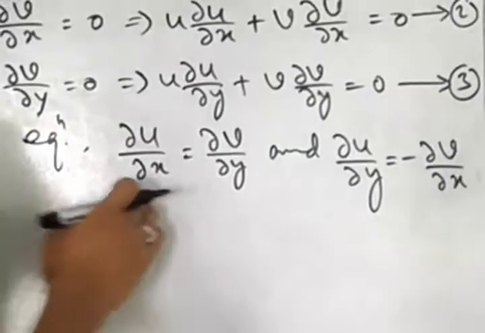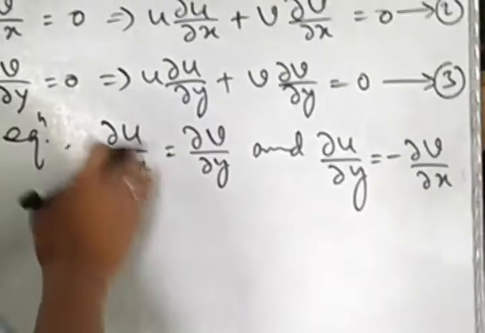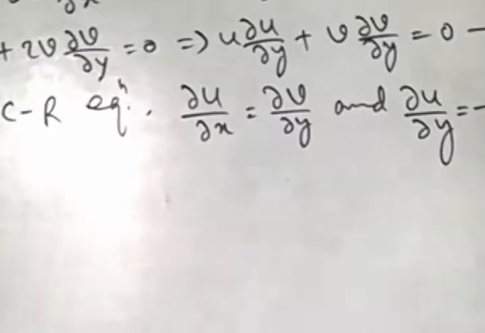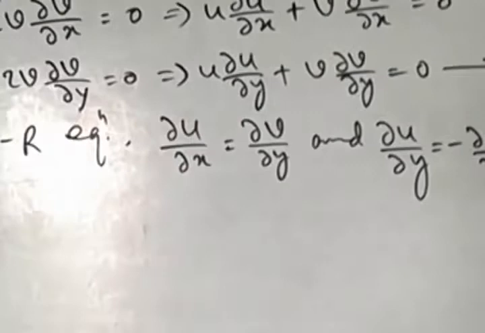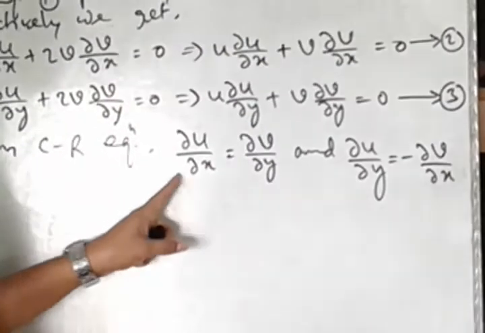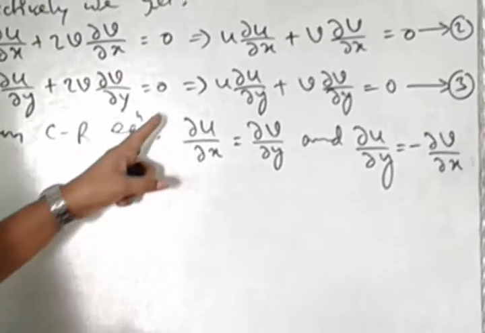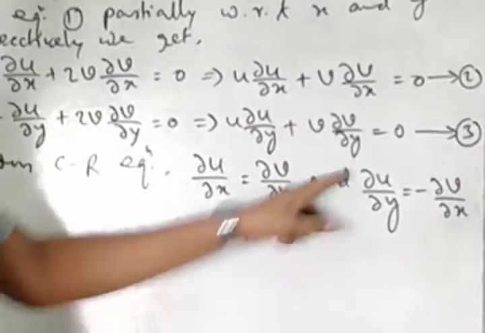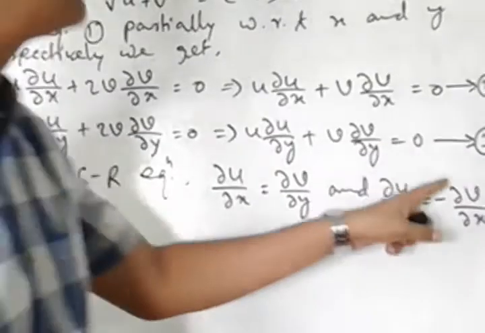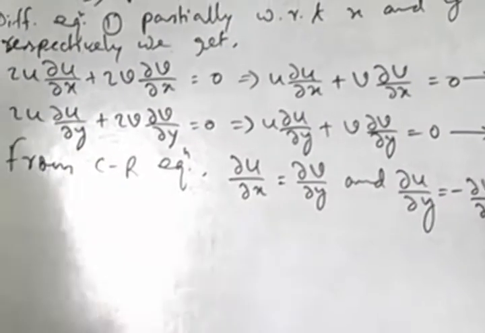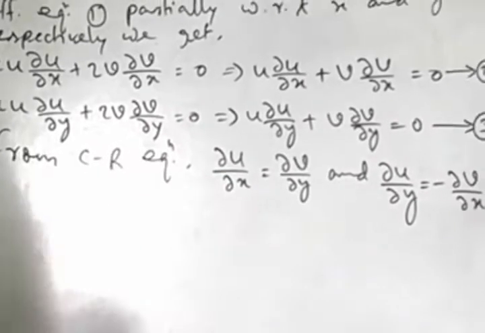You know these four partial derivatives of u and v with respect to x and y: del u by del x, del v by del y, del u by del y, and del v by del x, satisfy the CR equations.